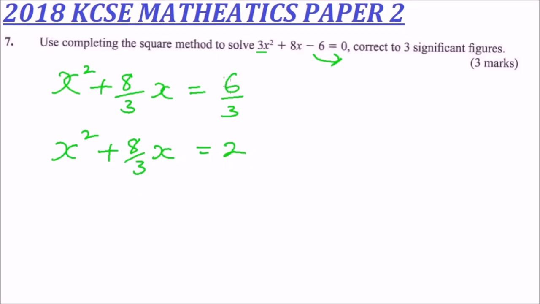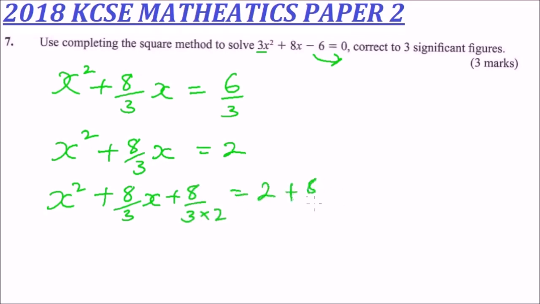After that, to complete the square, we take half the coefficient of x to both sides. So we have x squared plus 8 over 3 x plus (8 over 3 divided by 2) squared equals 2 plus (8 over 3 times 2) squared, to both sides so that we balance the equation.